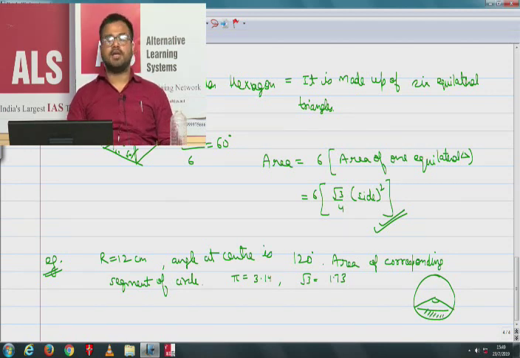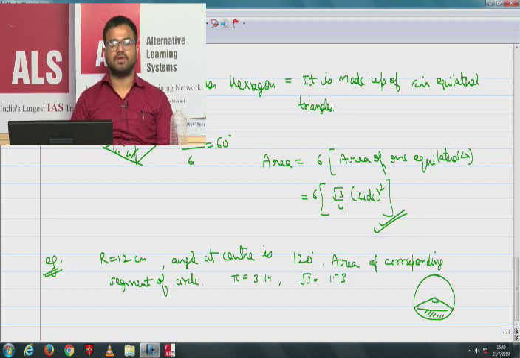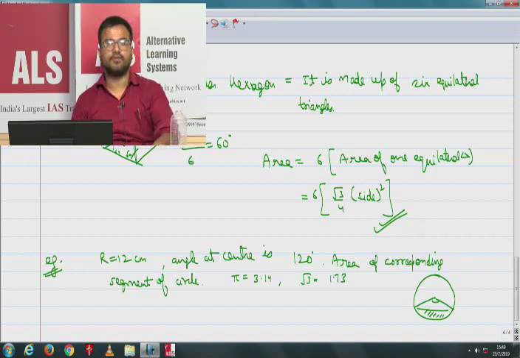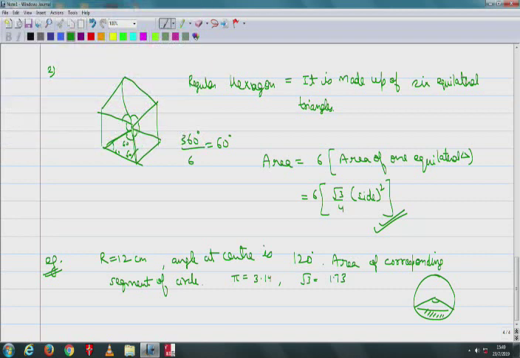All of you try this. And for pi you can use 3.14 and for root 3 you can use 1.73. This is the same question as the previous one we have done, only the calculation is different. Try this, all of you. The main thing over here is to find the area of the triangle.